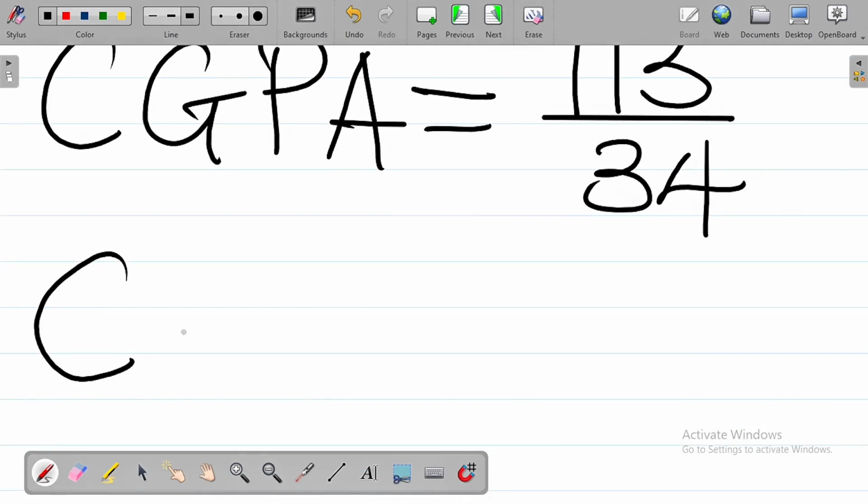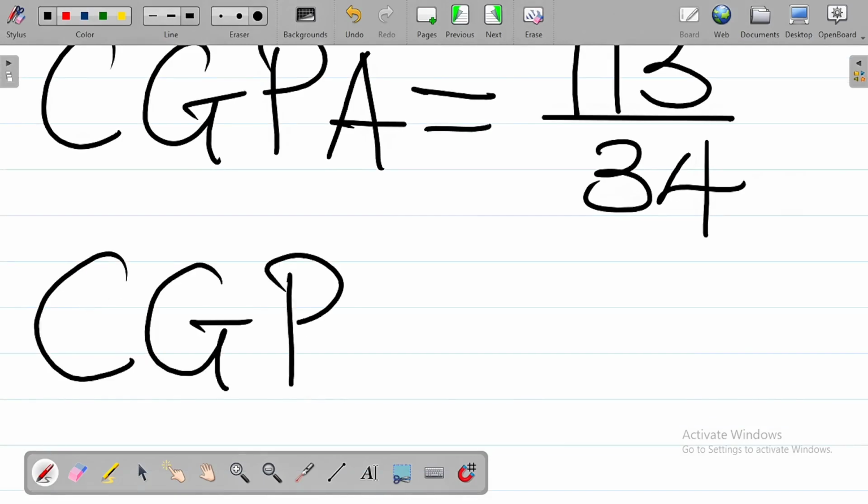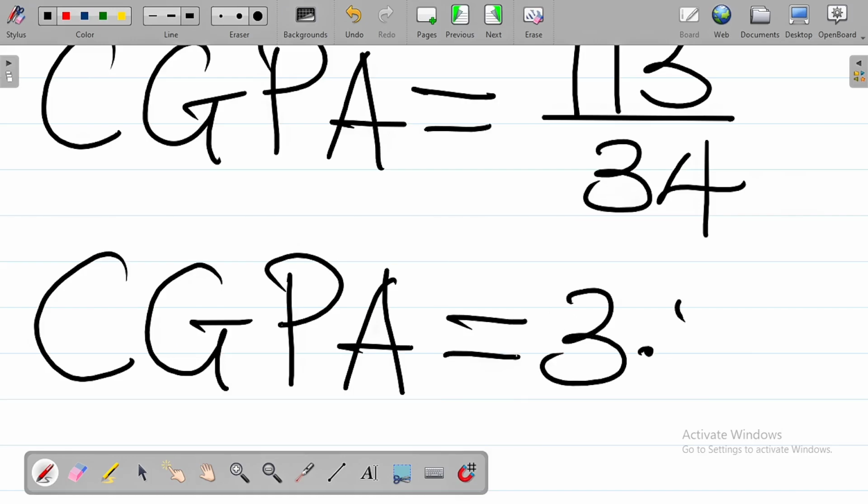So therefore, CGPA is equal to 113 divided by 34, which is 3.32. So the student's CGPA for year 1 is 3.32.